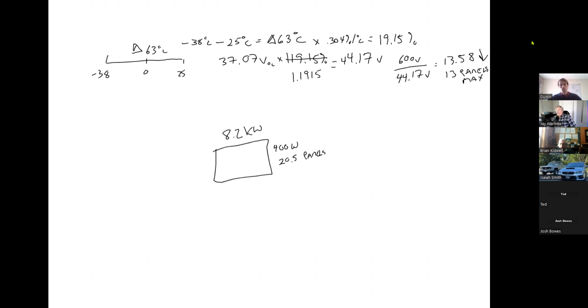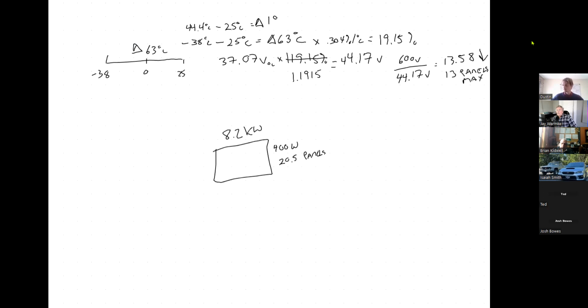In that case, I would find the delta between the hottest day ever, in this case 44.4, and 25 degrees still. That's going to equal 19.4.